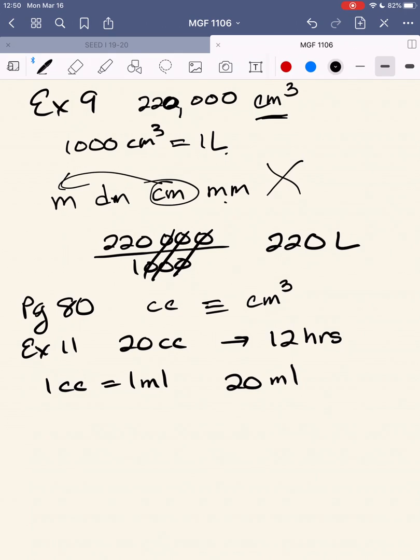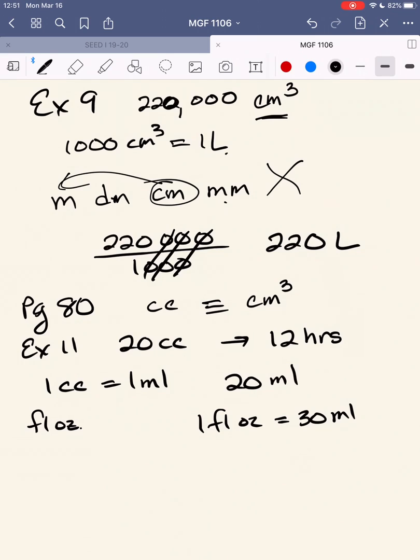Now let's look at part B. How many fluid ounces of the drug should be administered, rounded to 2 decimal places? Look at the conversion. 1 fluid ounce is equal to 30 milliliters.